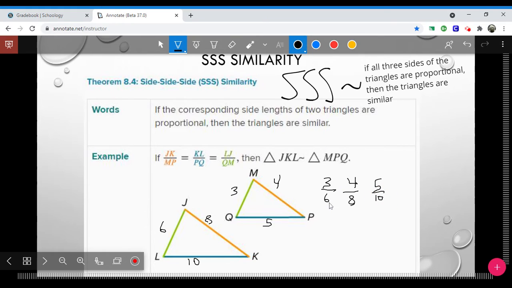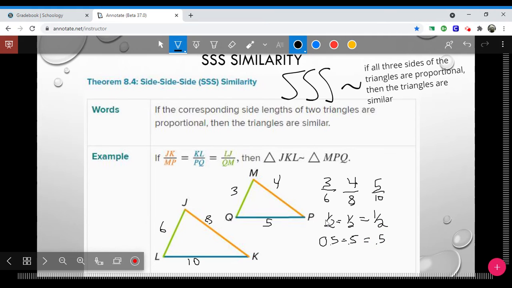You could either reduce the fractions and show 1/2 equals 1/2 equals 1/2, or if you're not good at reducing fractions and you don't have a calculator to make that easy for you, it is okay to just tell me the decimals. 0.5 is equal to 0.5 is equal to 0.5.